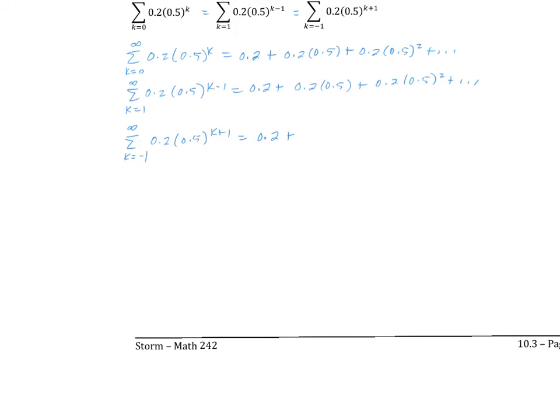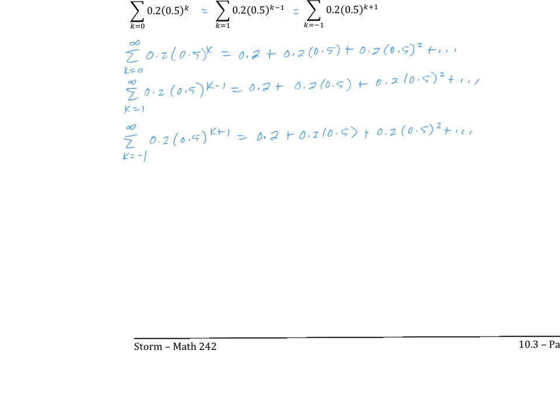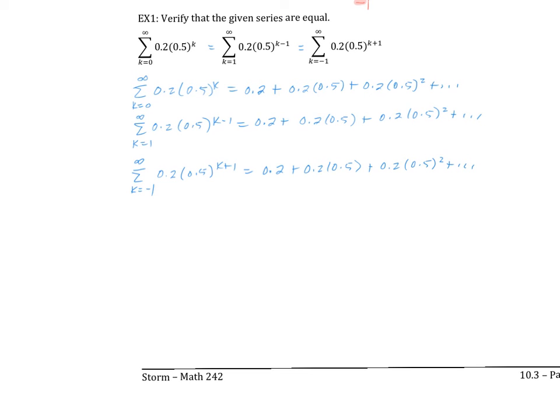When k equals 0, it's 0.5 to the 1 power. And when k equals 1, this is 0.5 squared. So all 3 of these series are the same.